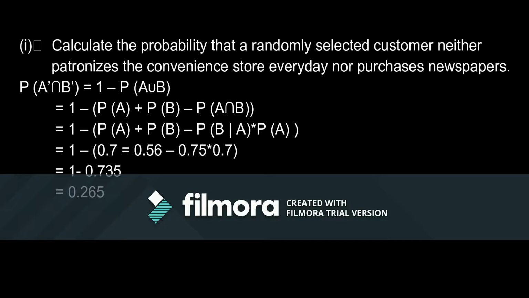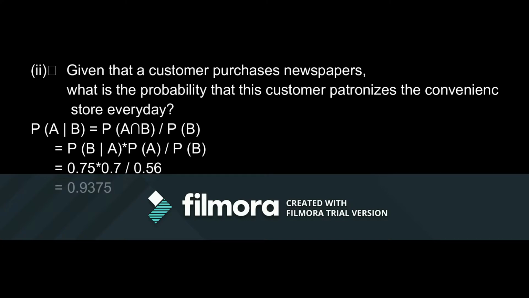For question 2, given that a customer purchases newspapers, what is the probability that this customer patronizes the convenience store every day? This is a question related to conditional probability. That is the probability of the intersection of A and B, which means a customer purchased newspaper and patronized the convenience store, over the probability of event B, which is the probability of a customer purchases newspapers.